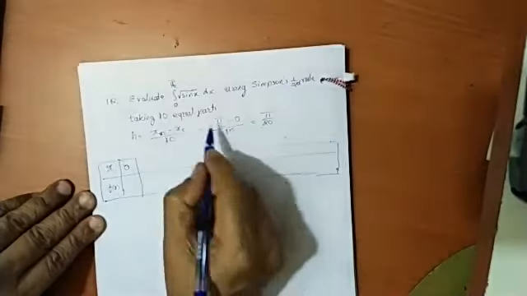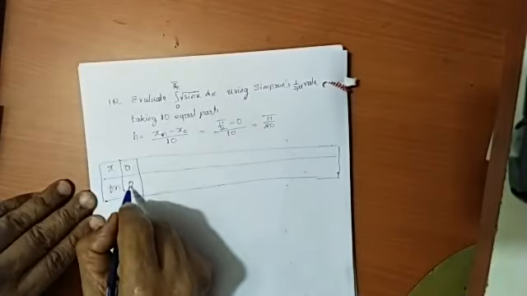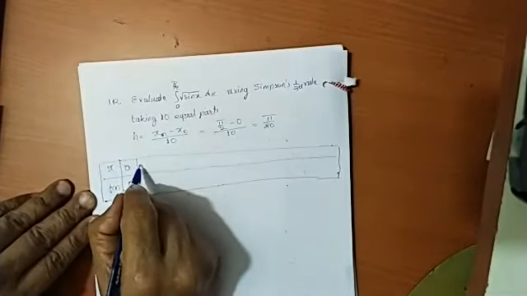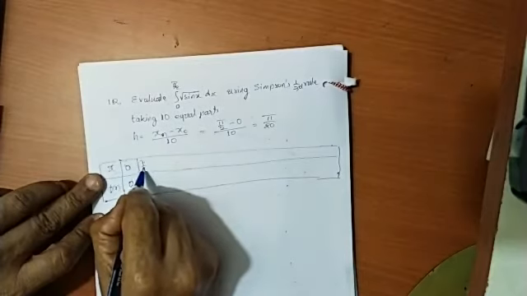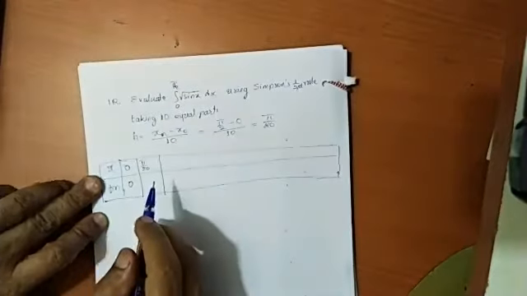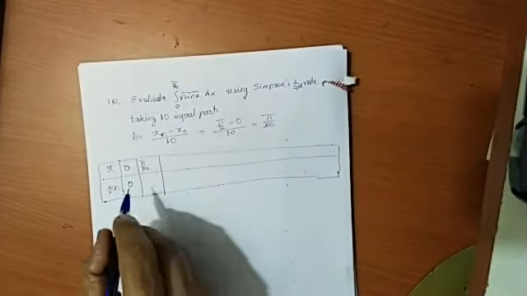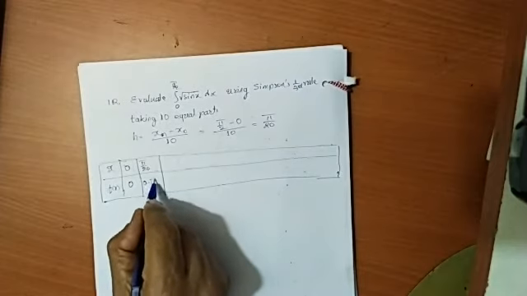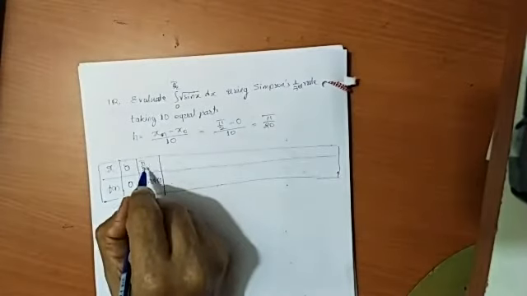What is sine 0? Sine 0 is 0. Root of sine 0 is 0. So this is x0, this is y0. Then x1 is 0 plus pi by 20, so pi by 20. Under root sine pi by 20 is 0.3955.